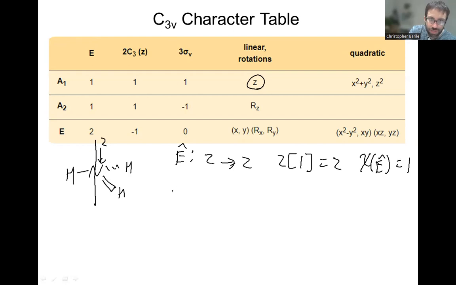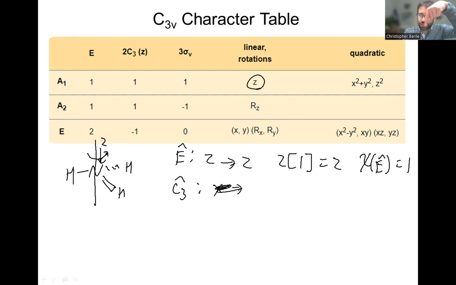And if I do the same thing for C3, now this gets a little bit more interesting. And we actually have to use a rotation function here. The reason is that, well, actually we don't have to do this quite yet, but if you imagine the Z vector, we're going to be rotating this 120 degrees.